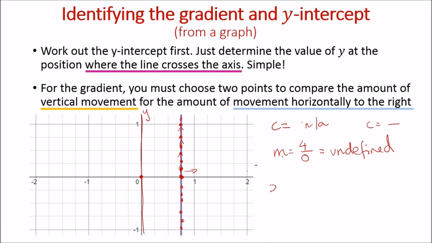So this line is going to be x equals something, and that something is the x-intercept. So let's have a look. This is 0, this is 1, so this part here must be 0.5. This bit here is 0.25, and the part where it is intercepting the x-axis is 0.75. So this line is x equals 0.75.